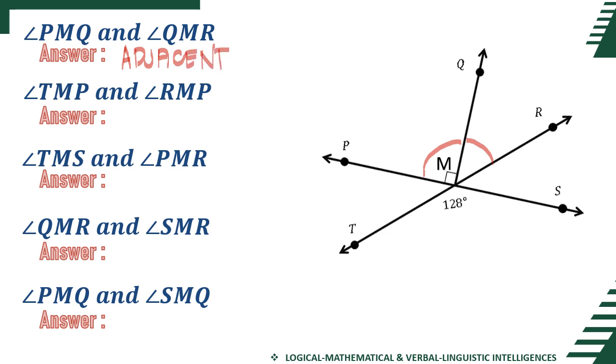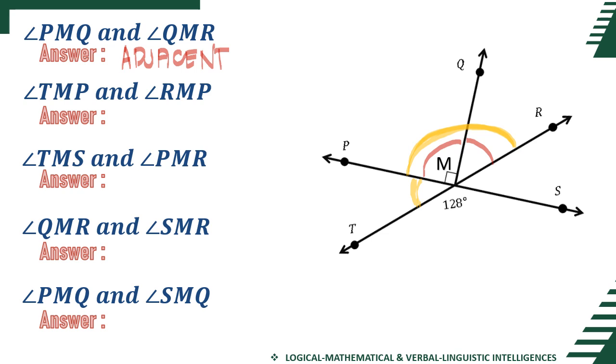Next, how about angle TMP? TMP, this one, and RMP. So we are referring to this one. What can we say about these two angles? They are considered supplementary and adjacent.